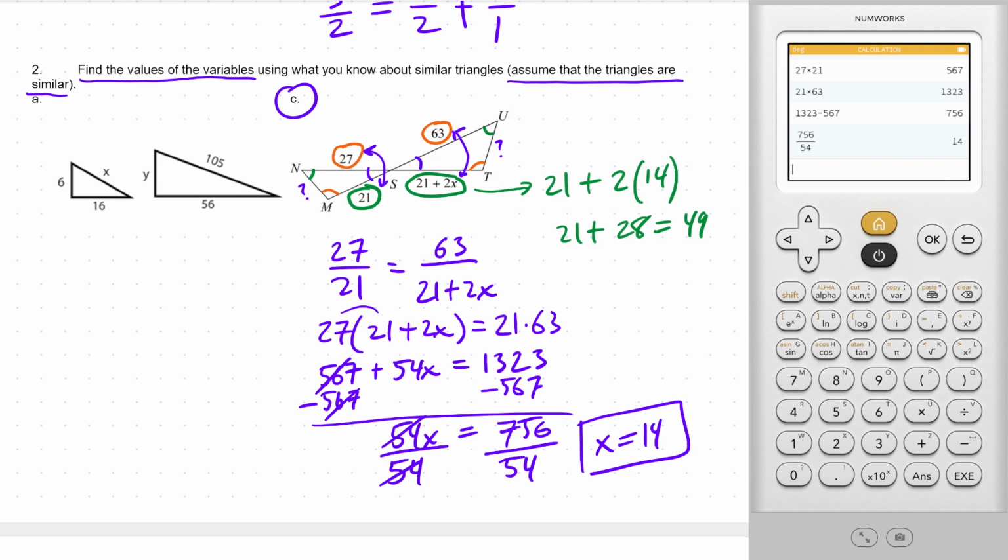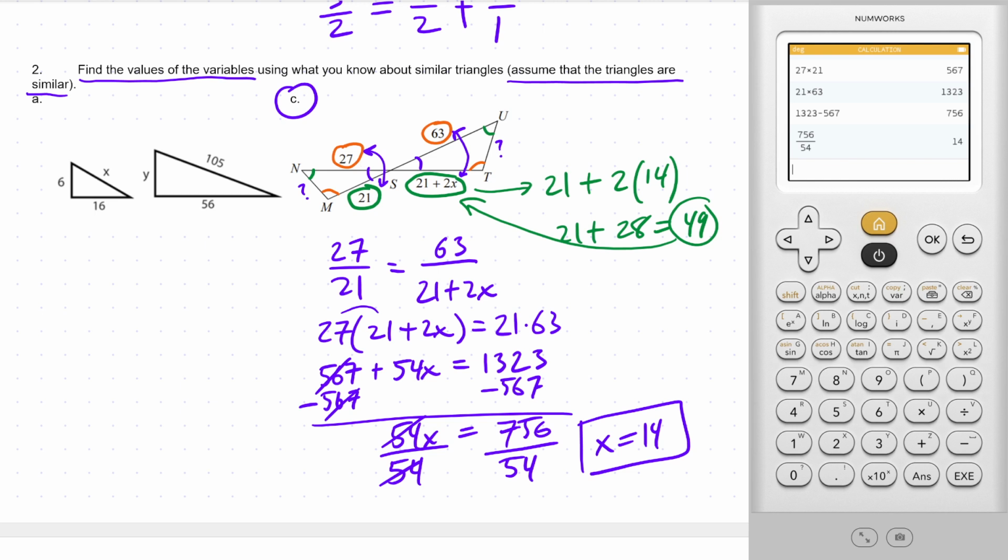And so 49 is a bit less than 63, right? So if we look at this side, that would be that length right there, and we see the corresponding side here is 63. And similarly, 27, a bit more than 21.